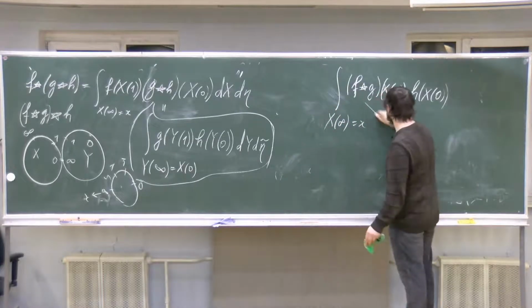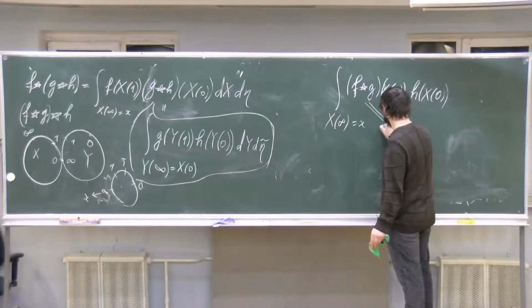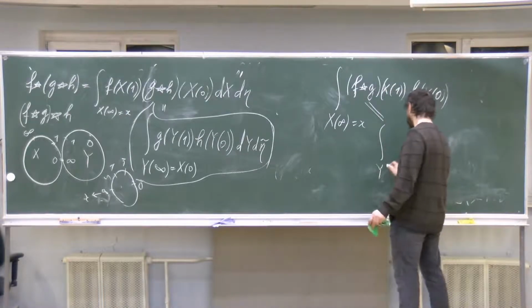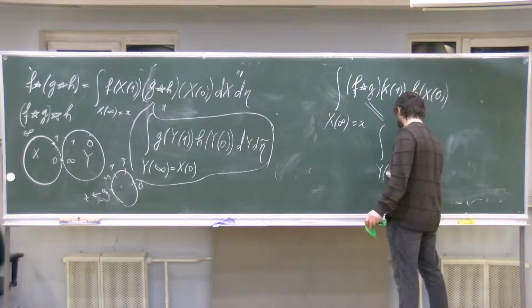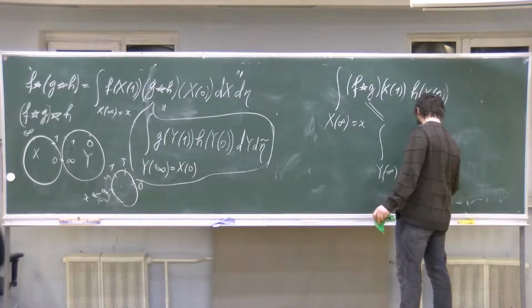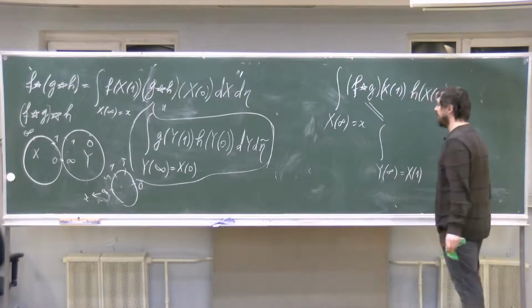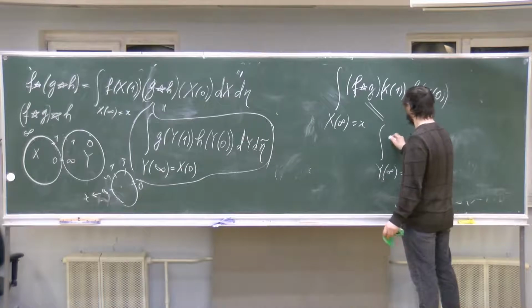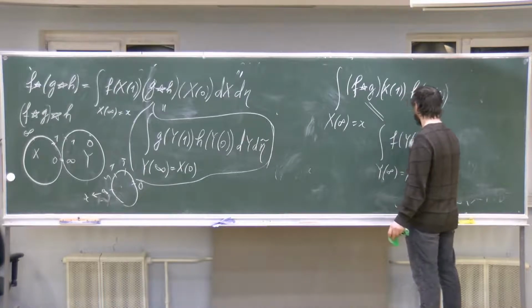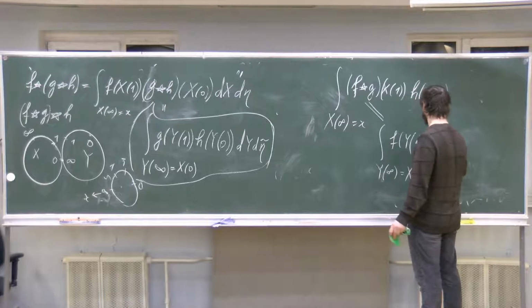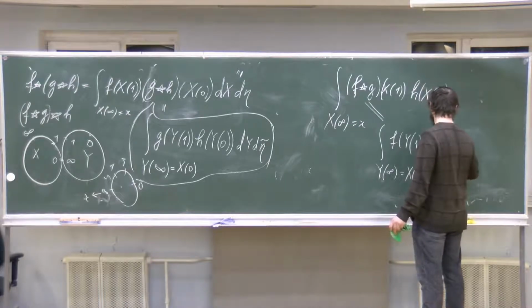Now this is equal to the integral over all y's which send infinity to the point x of 1, right? And then you get f of y of 1, g of y of 0.